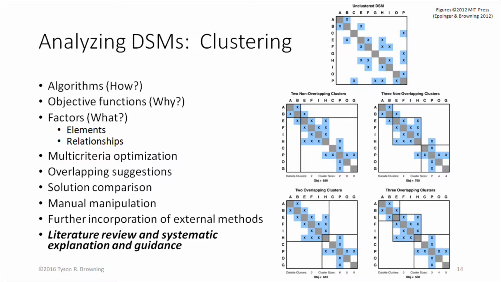There not only are many algorithms, but there are many objective functions that we might choose. So there's a lot of question out there, I think a lot of opportunity to provide some good systematic guidance to people about which method, which objective functions work best for different types of applications and problems.